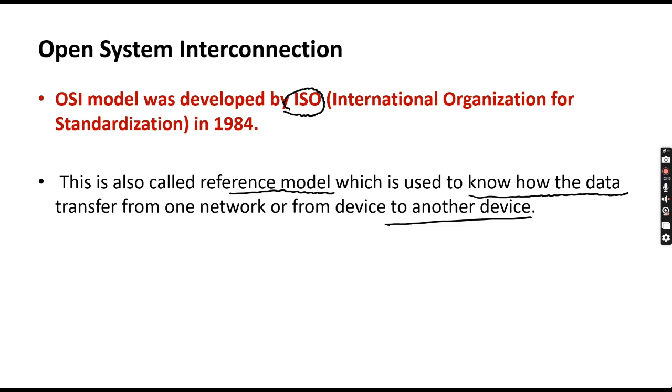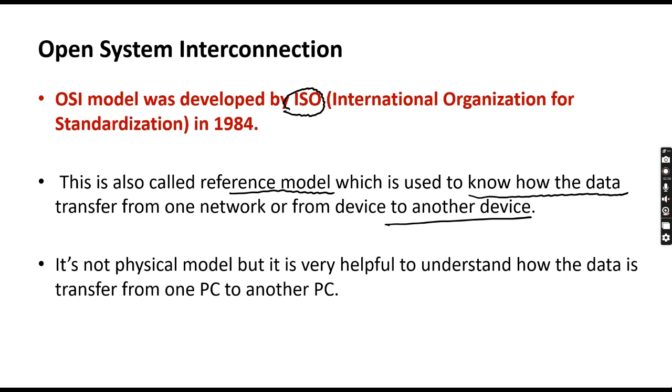OSI breaks down the functions of your networking so that you can understand how communication is possible from one device to another. Make sure it is not any kind of physical layer, but it is very helpful to understand how data is being transferred from one PC to another PC.